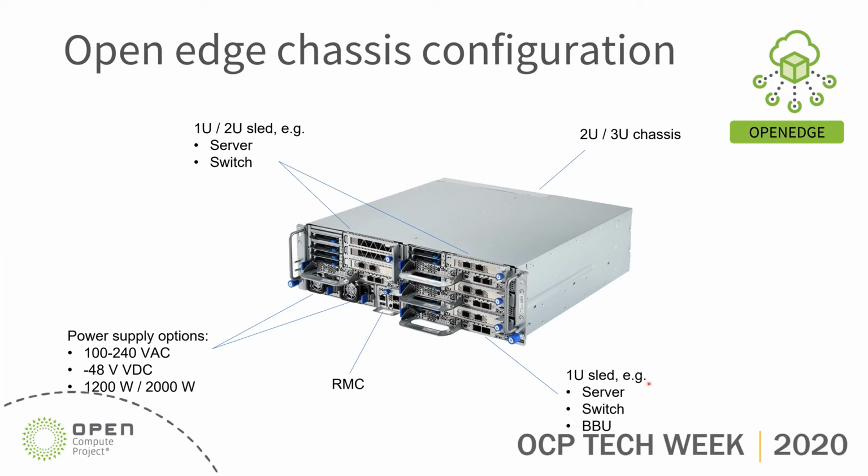1U sleds can be server sleds, they can be a switch unit or a battery backup unit. It can be a fronthaul gateway, and so whatever sled anyone comes up with that is designed according to the OpenEdge specifications, we can use here.